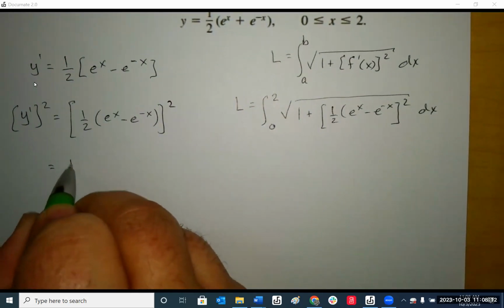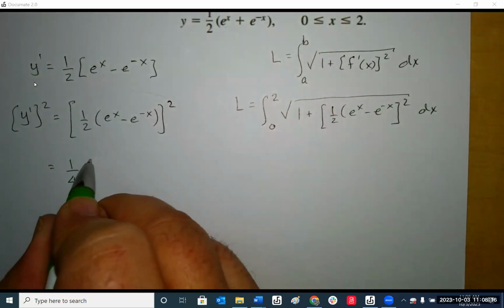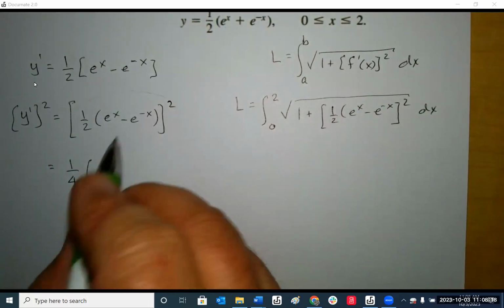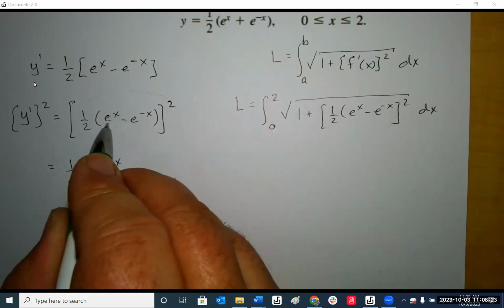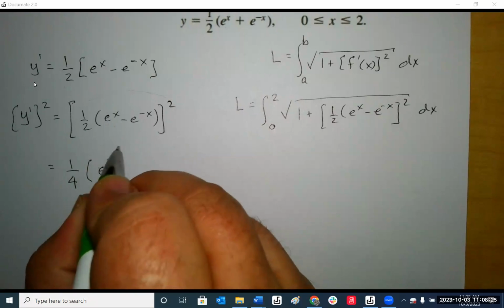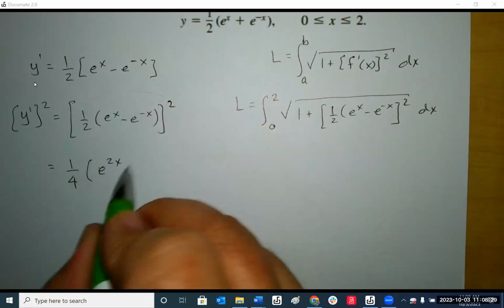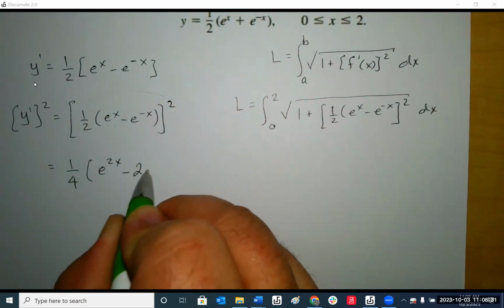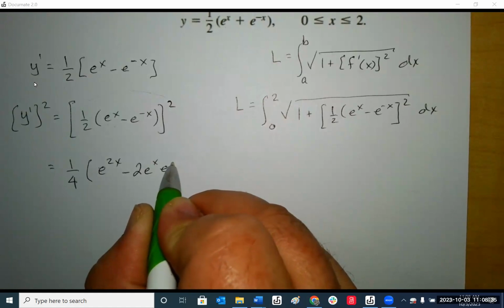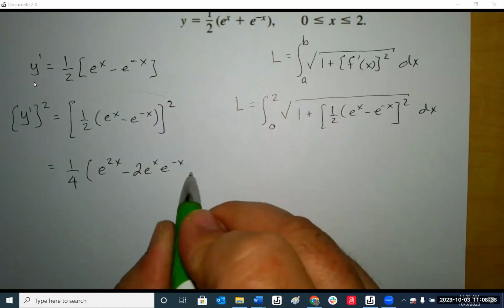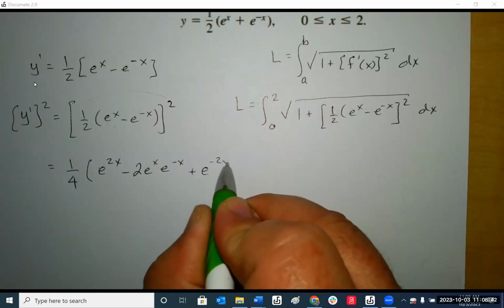We get 1/4, and now we have to FOIL this one. So we get e to the 2x plus, ex times ex is e to the power 2x, minus 2 ex e negative x, plus e to the negative 2x.